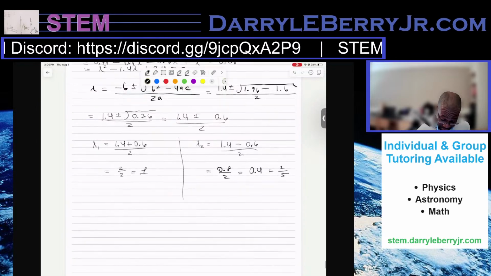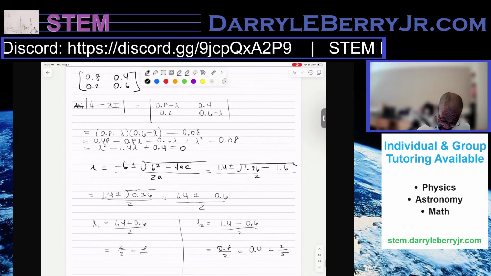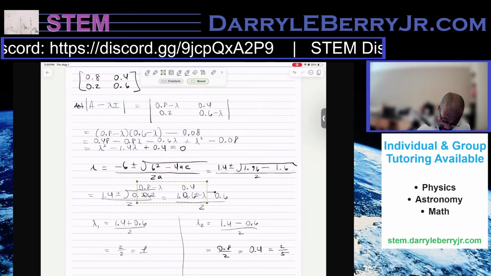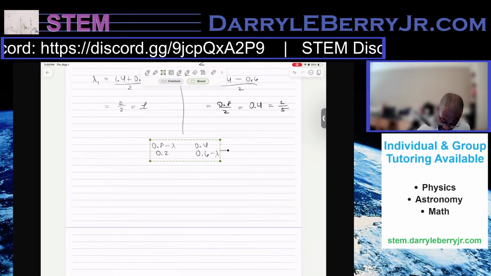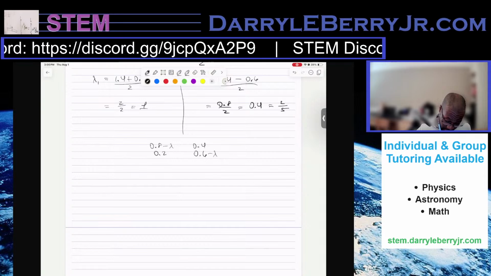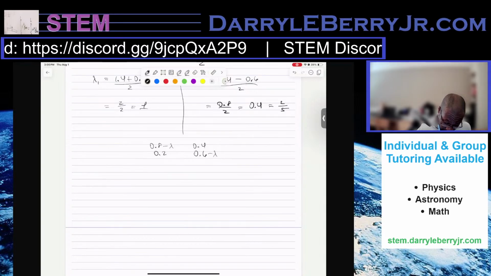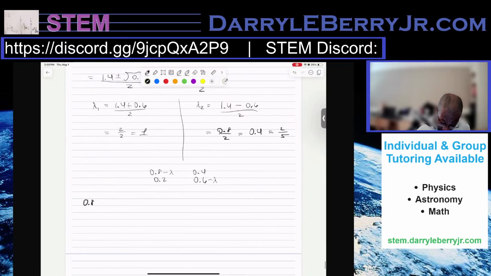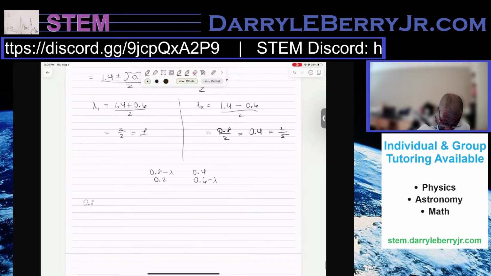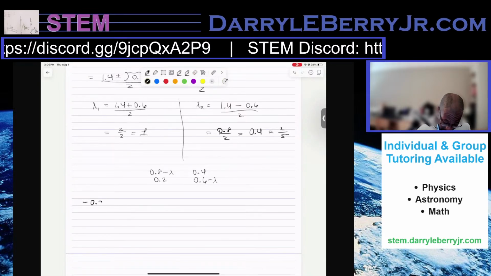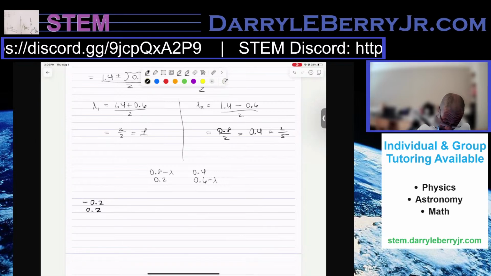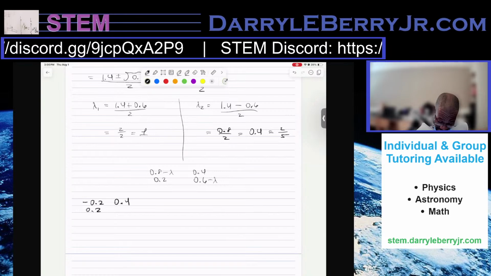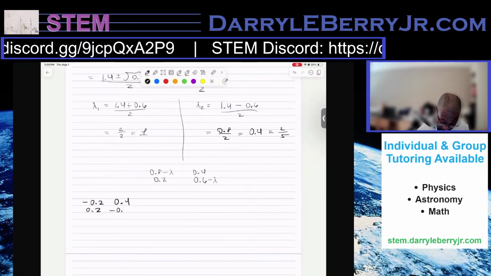So now we can use this to get the eigenvectors. So take this same matrix. I'll try to remember everything I copied down this time. So we have 0.8 minus 1. So that's actually negative 0.2, 0.2, 0.4, and 0.6 minus 1, so that's negative 0.4.